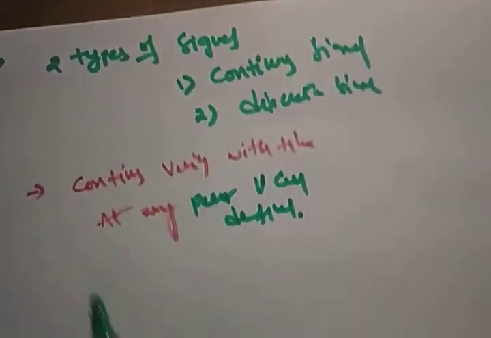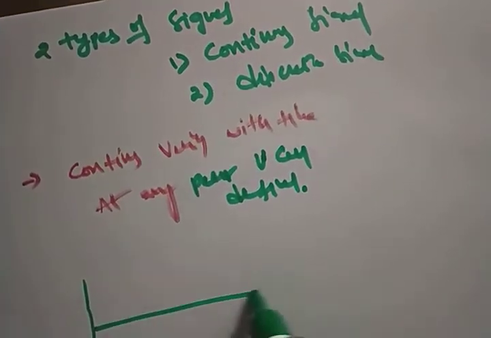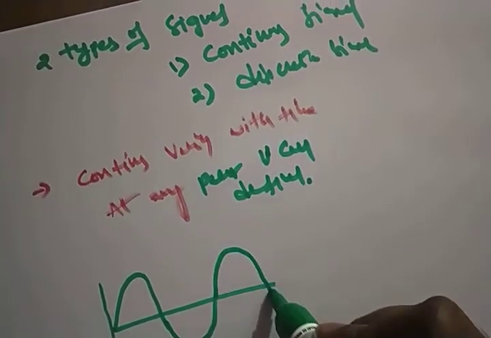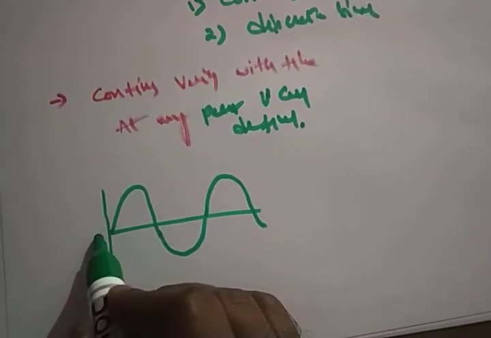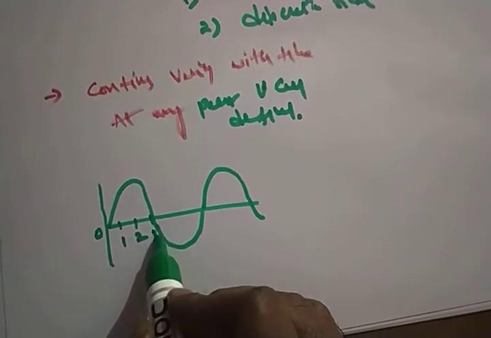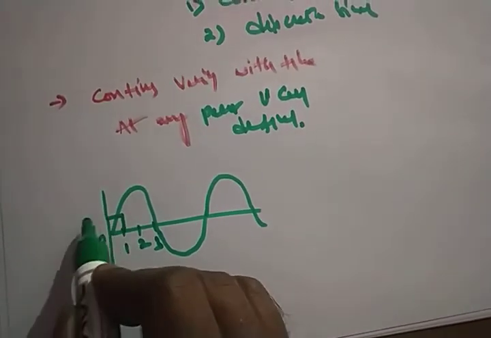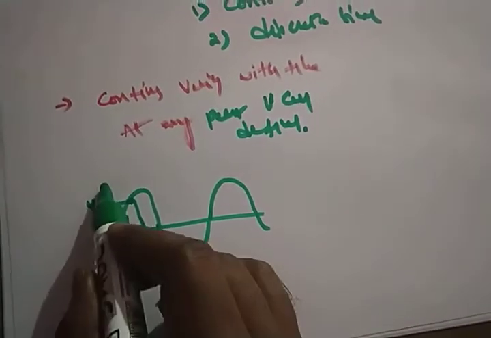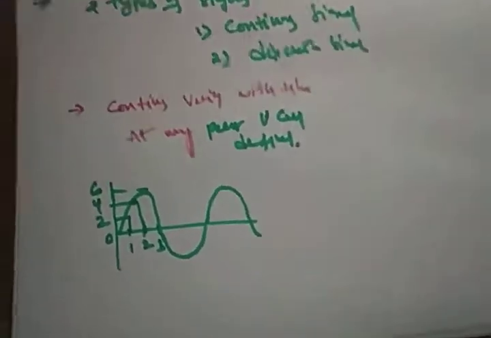So this is a continuous signal. Suppose the time values are 0, 1, 2, 3. At 1 the magnitude is 2. At 2 the magnitude is 4. At 3 the magnitude is 6. So this is a continuous signal.